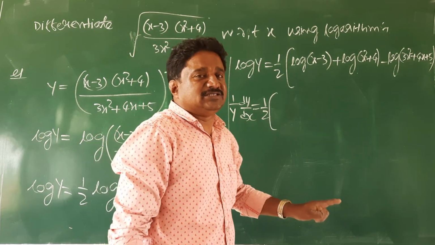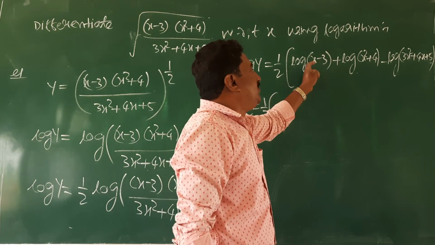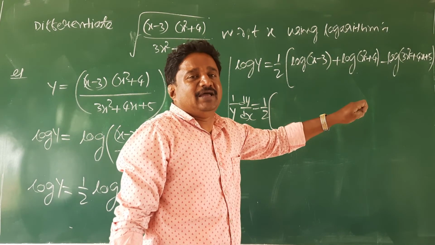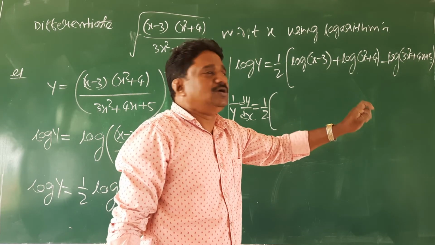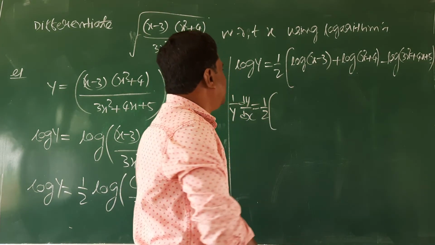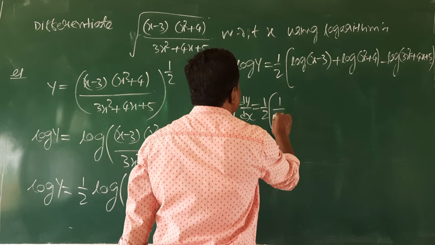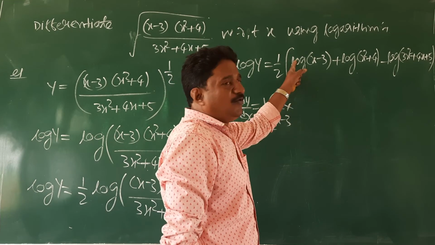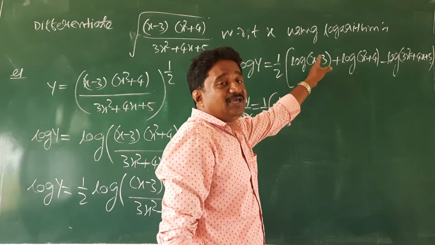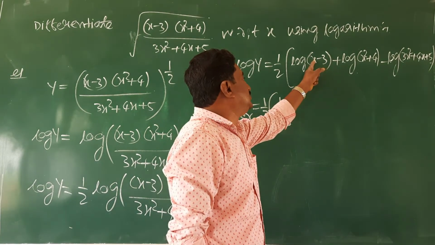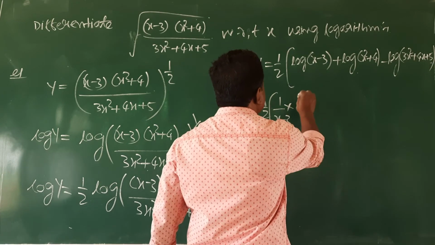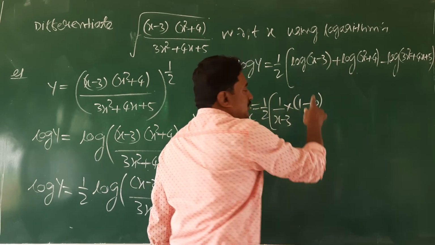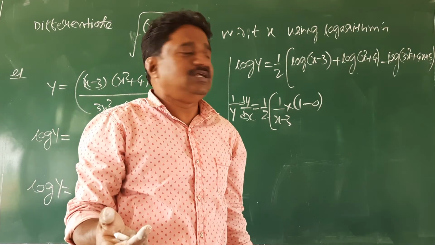We don't have x, in the place of x we have x minus 3. So instead of 1 by x I should write 1 by x minus 3, into differentiation of what is inside. Going inside is very important. Differentiation of x is 1, minus differentiation of 3 is 0. Differentiation of any constant is 0.